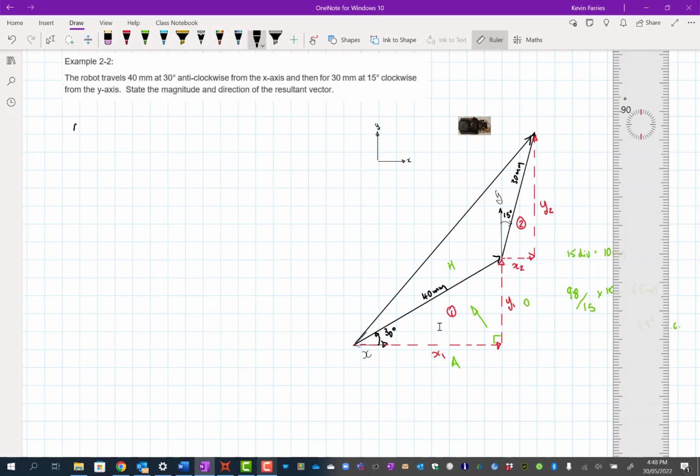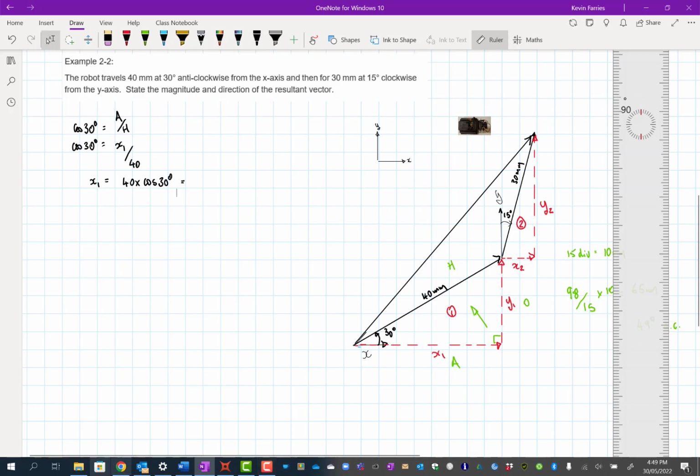So we know that cos 30 degrees is equal to adjacent over hypotenuse. So cos 30 degrees is equal to x1 divided by 40. Times both sides by 40 and swap them around, you get 40 times cos 30.